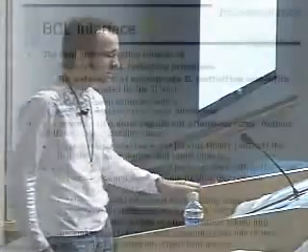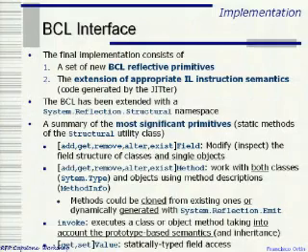So regarding the implementation, we have two parts. First, a new set of primitives have been placed inside of the base class library. And second, we have modified the semantics of some IL statements to give support to this prototype-based model. So first, the new primitives have been placed inside of the structural namespace.